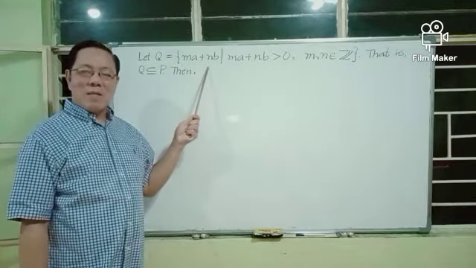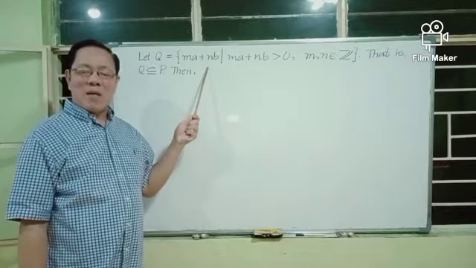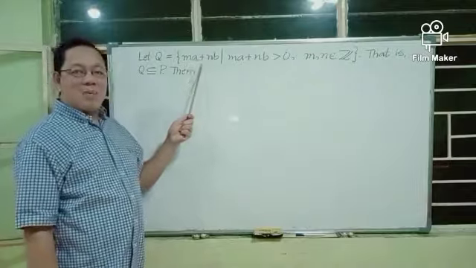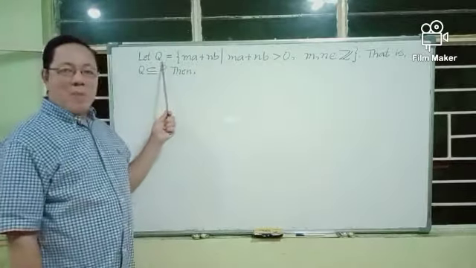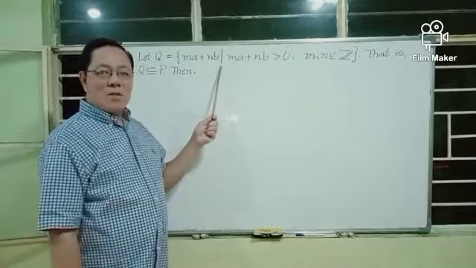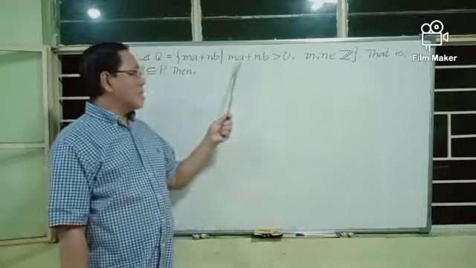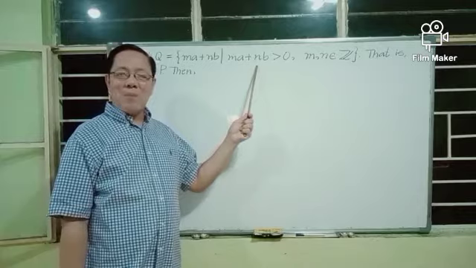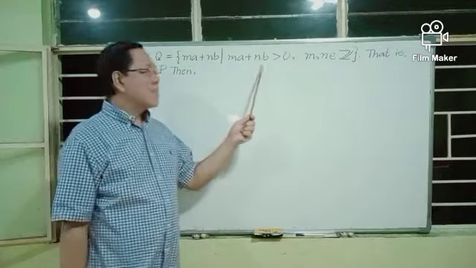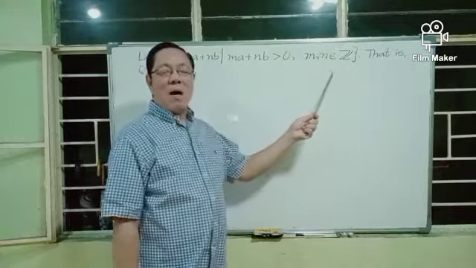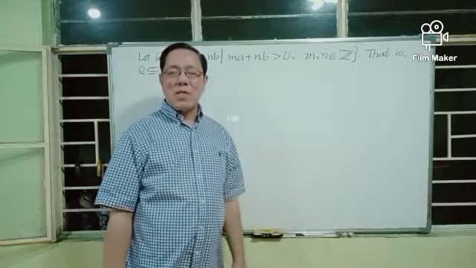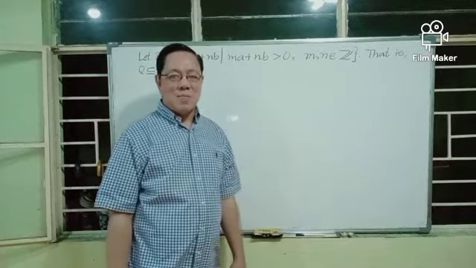That means that the elements of set P are linear combinations of a and b. But the elements of Q are positive, so we have the condition that ma plus nb is greater than 0, which means that this linear combination of a and b is positive. And m and n are still integers, elements of set Z.